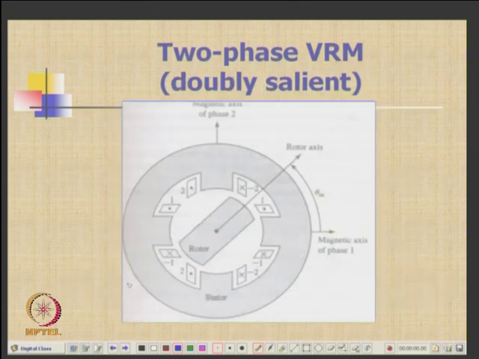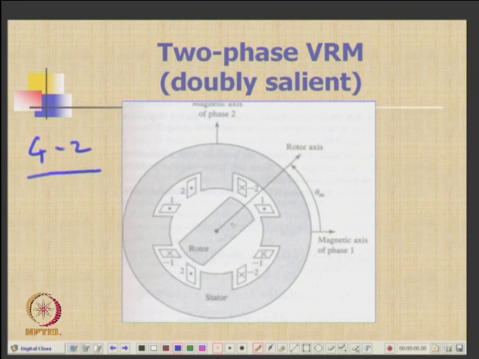And of course, if it is doubly salient, here there is no problem. This is typically a 4 by 2 system. And if the rotor axis is at this position with reference to this, it depends: if you excite 2, it will align with 2, if you excite 1, it will align with 1. Okay.